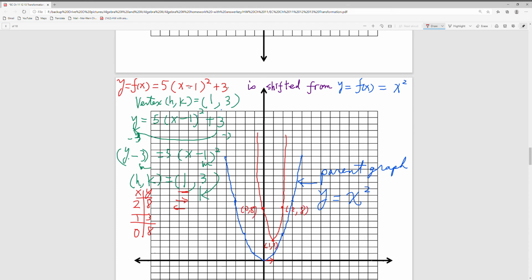Okay, so this is the graph, and the symmetrical line should be here. This is the symmetrical line. It goes through x equals 1. When you find the h value, that is how you find the symmetrical line, or we say the axis of symmetry.